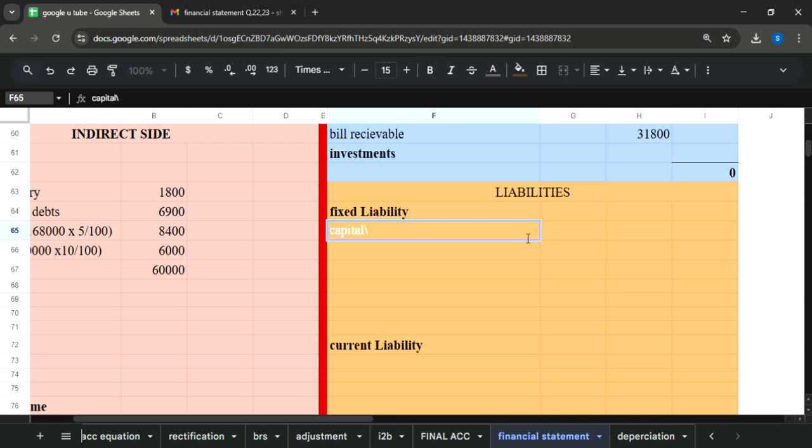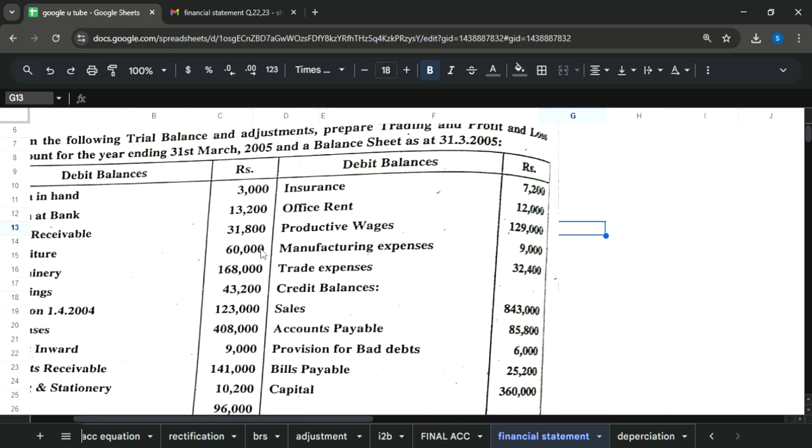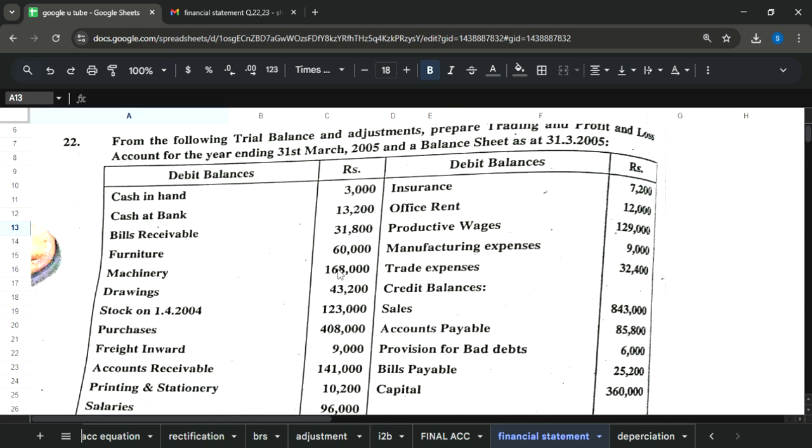Then you will be adding net profit afterwards, but since it's drawings, these drawings would be subtracted, and the amount of drawings mentioned over here is 43200.